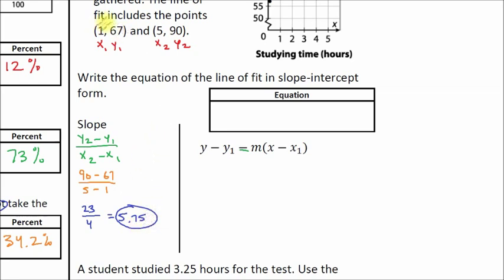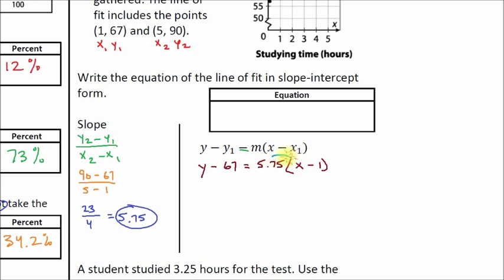And let's just treat this point right here, the (1, 67), as our known point, x sub 1, y sub 1. So let's take our equation and plug in what we know. We've got y, that's going to be our variable still, minus y sub 1, which is 67, is equal to slope, which is 5.75, and that's going to get multiplied by x minus x sub 1, which is 1.